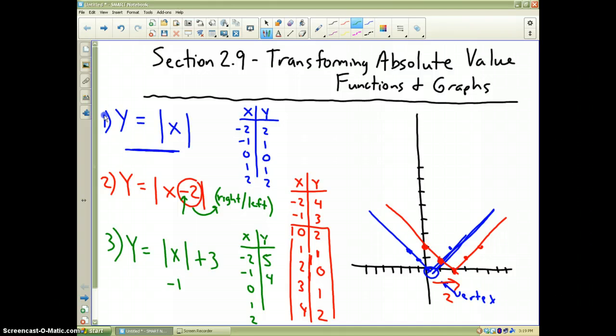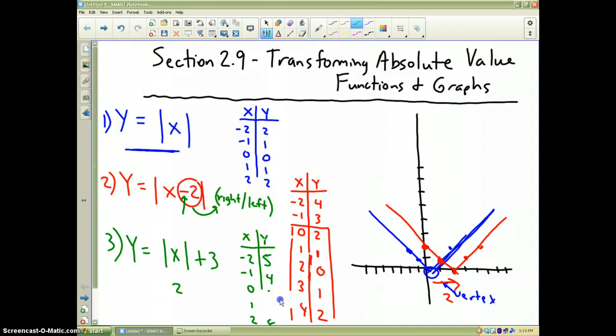If I put 0 in there, obviously the answer comes out to be 3. If I put 1 in there, 1 plus 3 turns out to be 4. And if I put a 2 in there, absolute value 2 plus 3 makes 5.